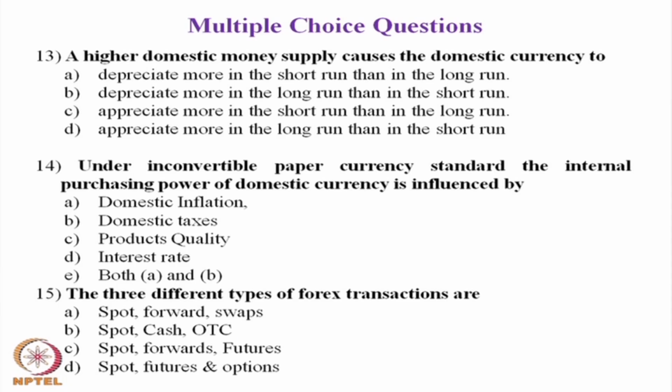Suppose more rupees circulate in the Indian economy, the short run rupee value will depreciate, and in the long run the government of India again controls the rupee value. So, in the short run higher domestic money supply causes the domestic currency to depreciate, then in the long run it will arrest the depreciation; short run it will be highly depreciated.